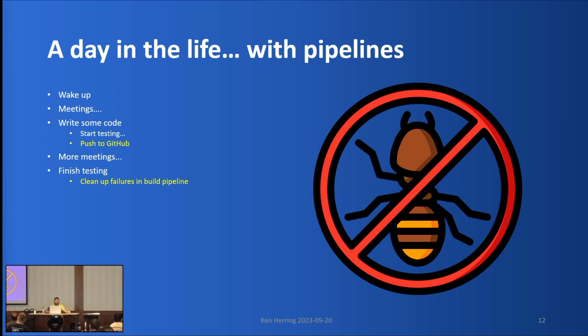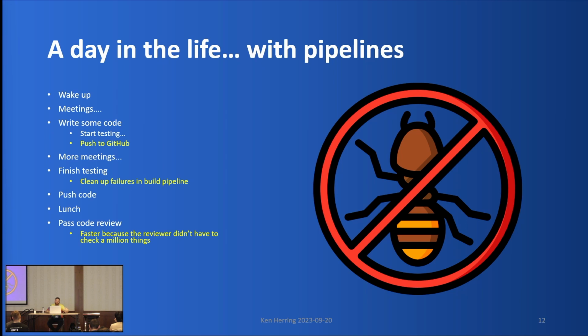I'll finish testing. Oh, but wait, when I pushed it to GitHub last time, it failed on a unit test that I didn't expect. Now I know to clean that up. I'll push my code after cleaning that up, finishing testing, lunch. I'll pass a code review, which is now faster because I don't have to hunt somebody down and they don't have to spend an hour reading it, because they have confidence that SonarQube told them I didn't have spacing errors, I didn't have indexing errors.